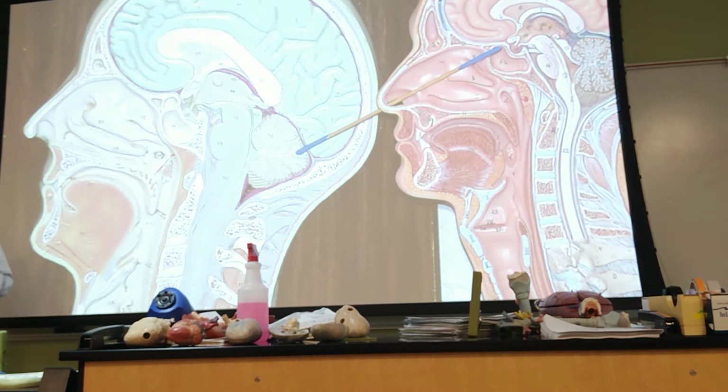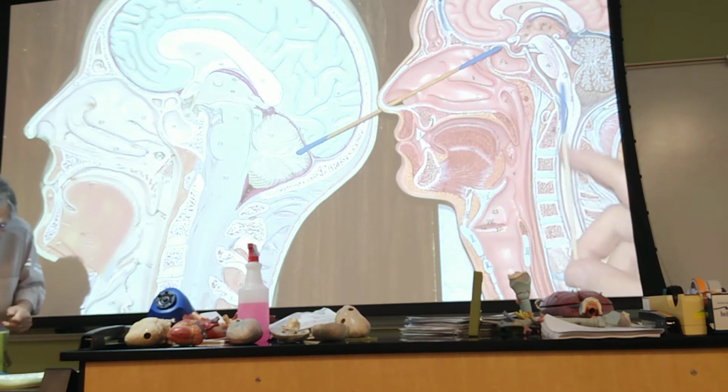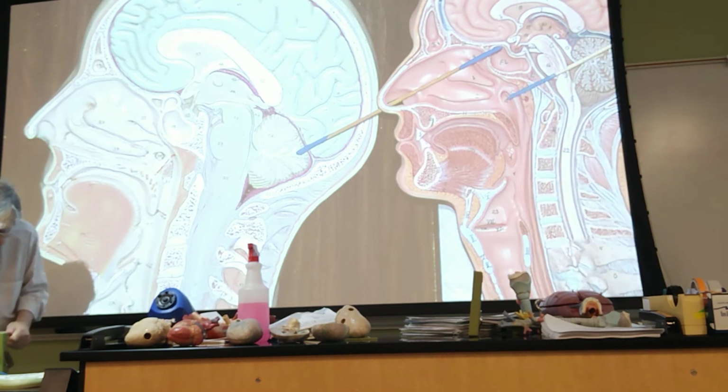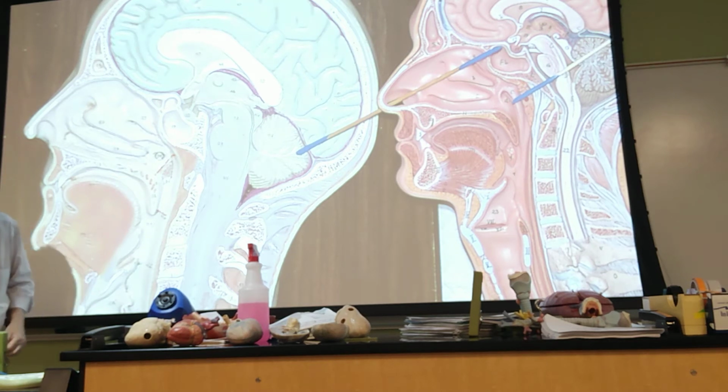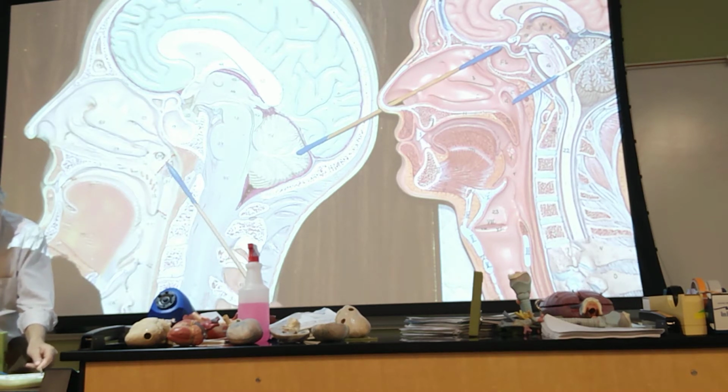Then, just like in your house, you got a front door and you've got a back door. And so there's a posterior nares, which is actually this space right there. Or over here, this space.